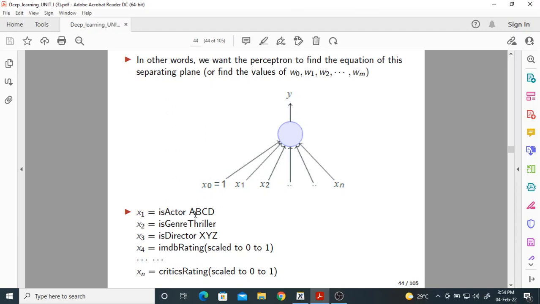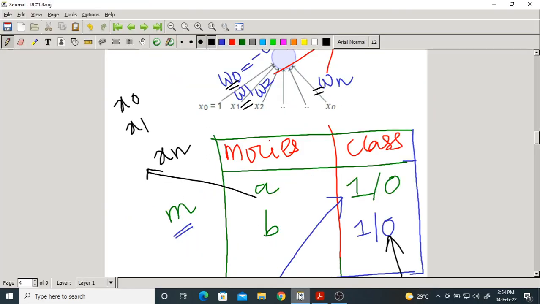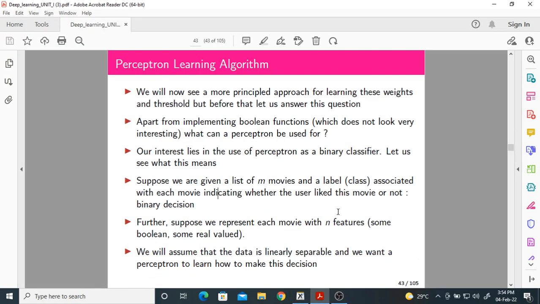I am assuming some ABCD actor. x2 is the genre of the movie, say a thriller. x3 is the director, some XYZ director. x4 is a rating, the IMDb rating, and so on, xn is a critics rating, scaled 0 to 1. These are the features of each and every input, each movie with n features.